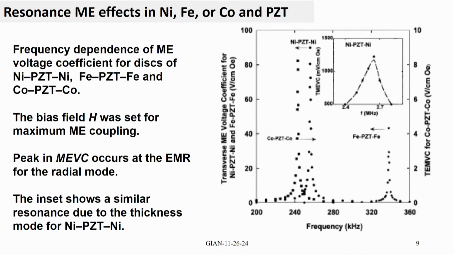And these are the resonance magnetoelectric effects. In the case of the symmetric tri-layers, there is no bending resonance, it is only the longitudinal acoustic resonance, and there are two different scales. On the right, you have the scale for cobalt, PZT cobalt.